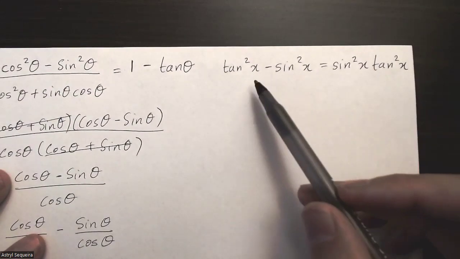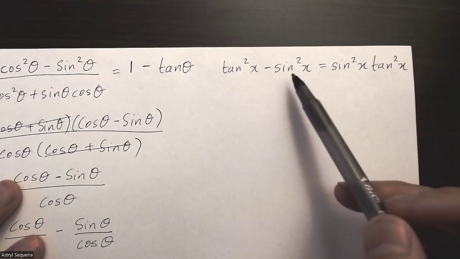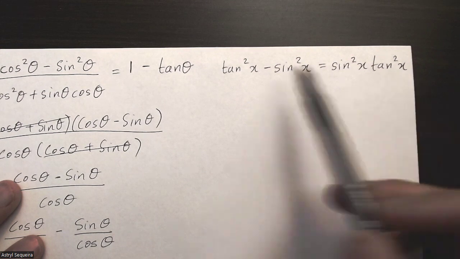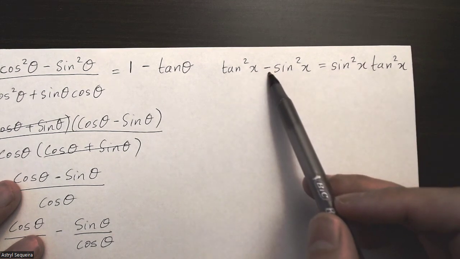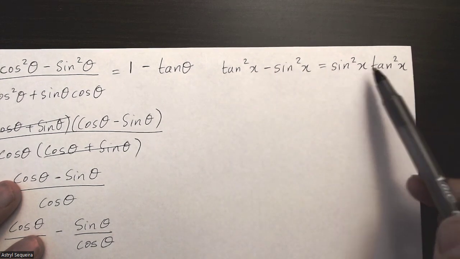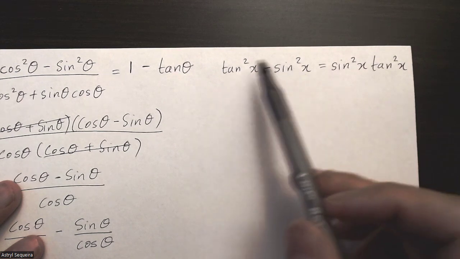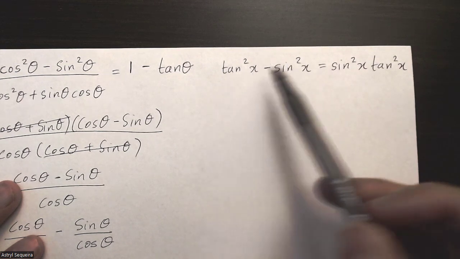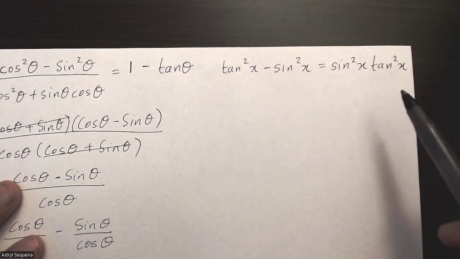Let's go to the second question over here. Tan squared theta minus sine squared theta times tan squared theta. Addition and subtraction is generally more complicated than multiplication and division, so I'm going to work with the left side over here. There's no point factoring this because that's not factored on that side.